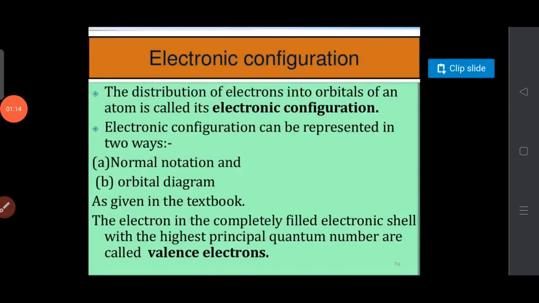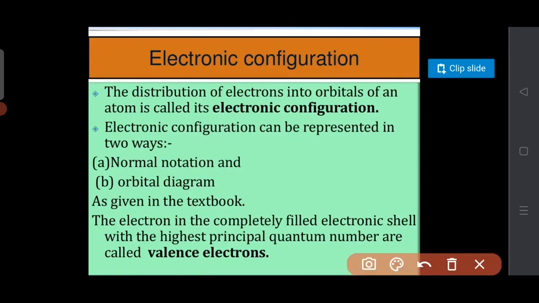The next and last topic is electronic configuration. In class 9 we have already seen how to write it, but here we have to use the orbital indications like s, p, d, f. Suppose in the case of helium, it has 2 electrons, so 1s2.